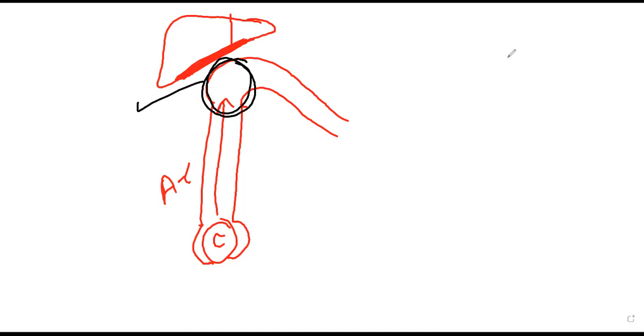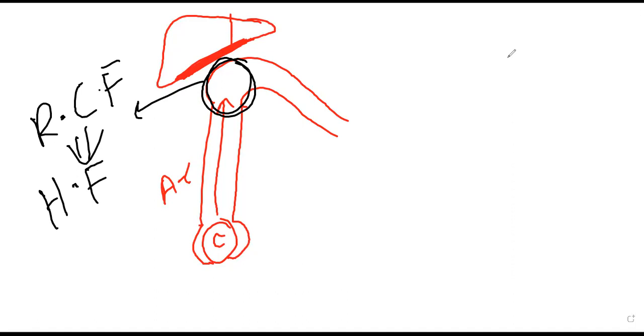This is the right colic flexure, and the right colic flexure is also known as the hepatic flexure. From this point, it forms the transverse colon.